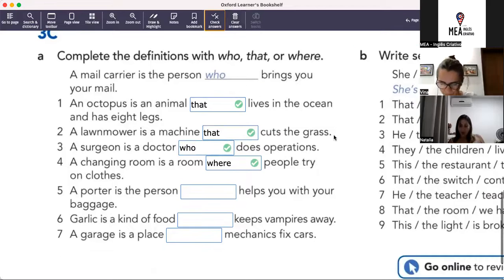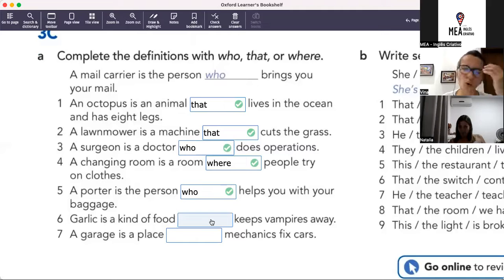A porter is the person who helps you with your baggage. Baggage. Garlic is a kind of food that keeps vampires away.